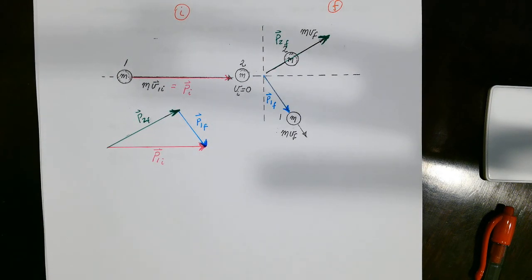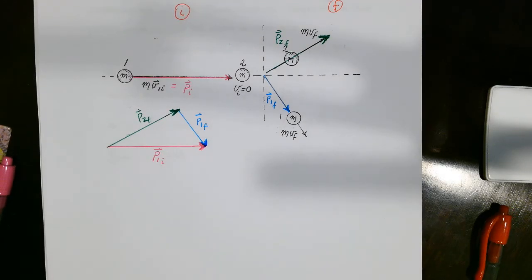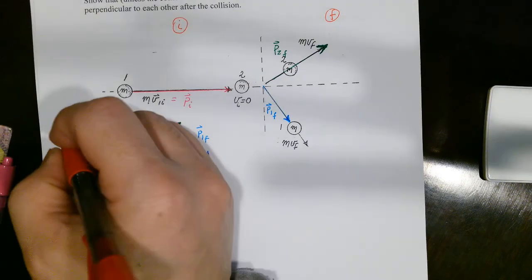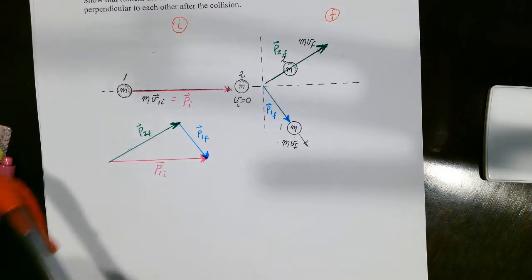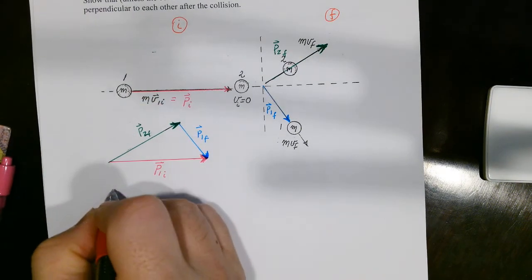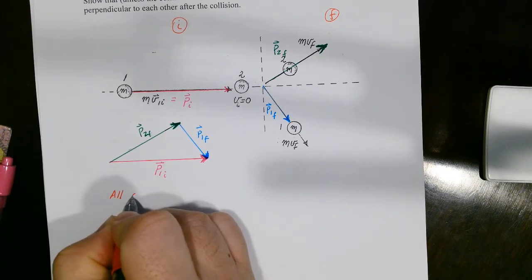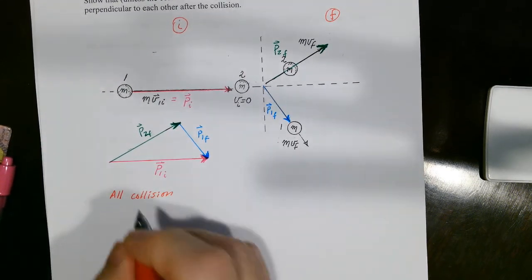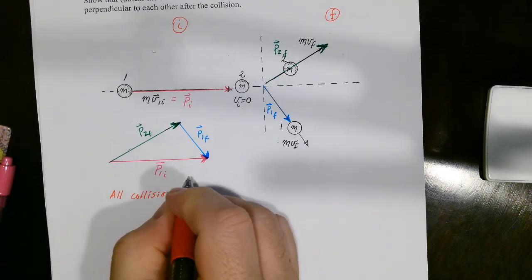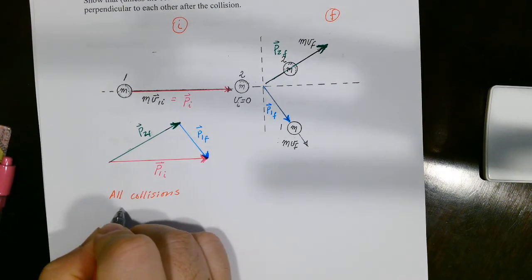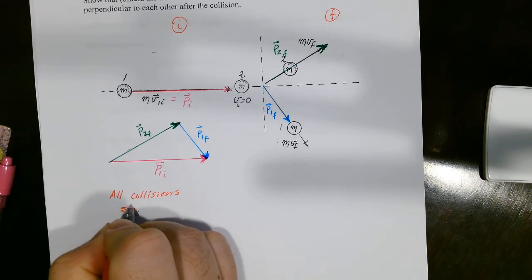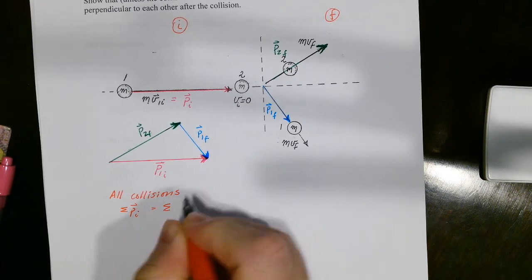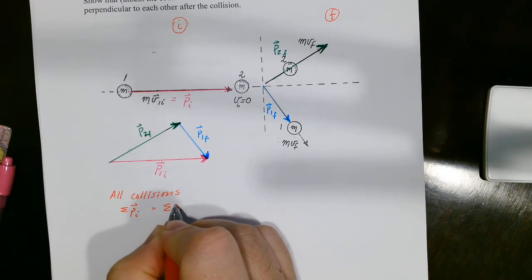Well, let's find out. This happens for all collisions, by the way. All collisions say the total initial momentum is equal to total final momentum.